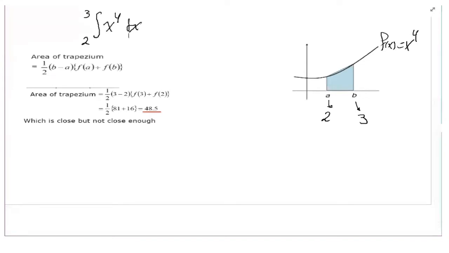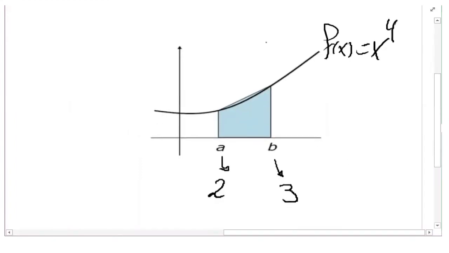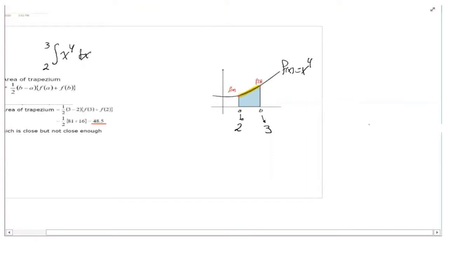If we zoom in here, you will find that there is a small difference between the area of the curve and the area below the line. The area below the line here gives you the trapezium, right? If I wanted to find the value of this point and the value of that point, which is f of a and f of b, so it's f of 2 and f of 3.